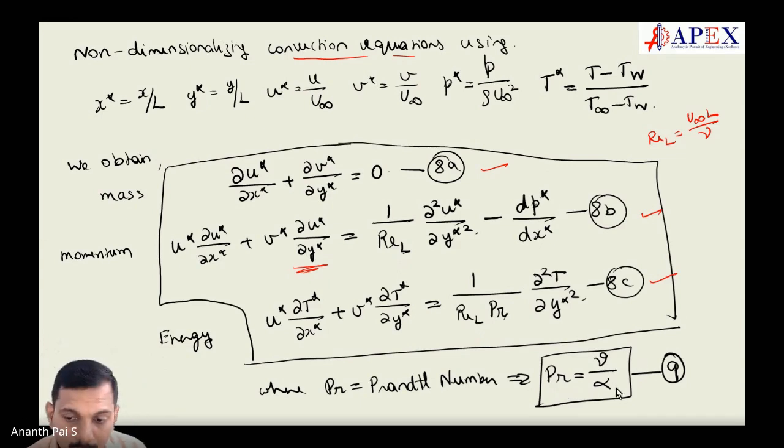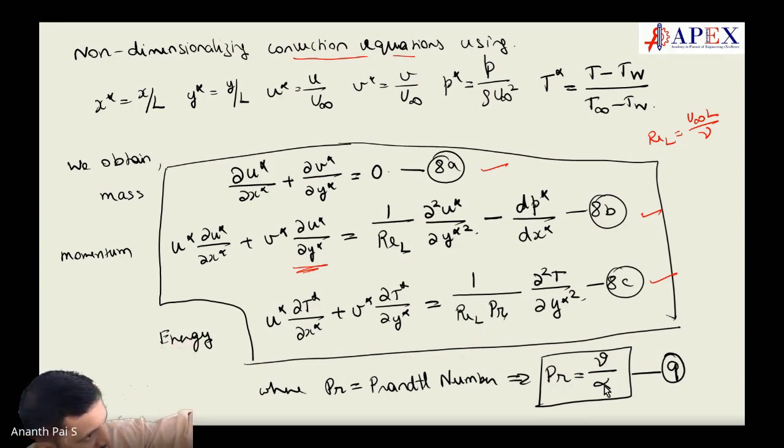Prandtl number is nu by alpha. Nu is momentum diffusivity, alpha is thermal diffusivity. Momentum diffusivity is mu by rho, the dynamic viscosity by density, and alpha is k by rho cp. Correct?